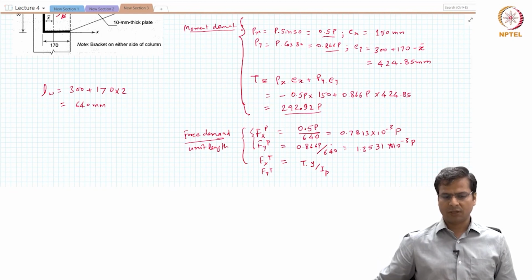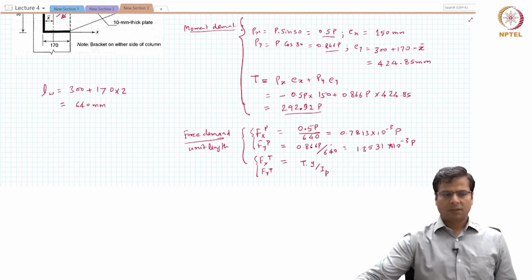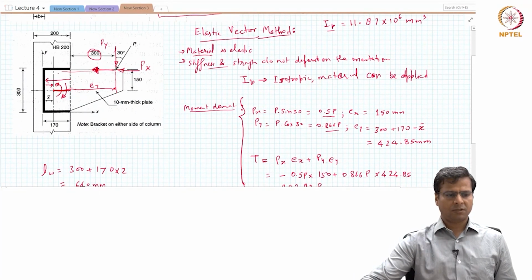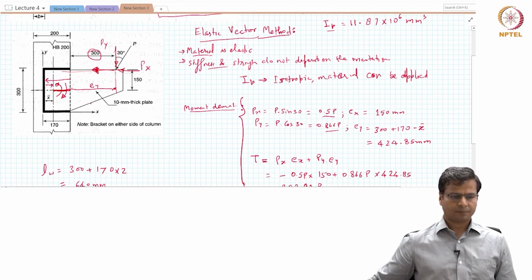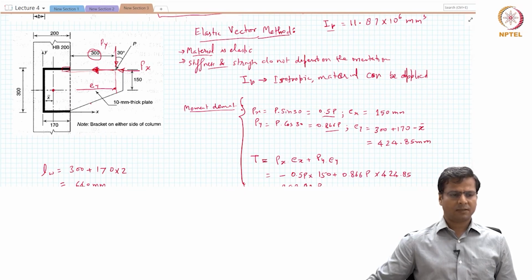But actually the P force is not acting at the centroid, and there is a moment effect of that. Now that moment, of course, the force will change. The force because of that moment will change, because each segment of the weld is at a different distance from the centroid. Just to emphasize, as we had mentioned, if this portion of the weld is at this distance from the centroid, it will contribute more towards resisting the moment, and its contribution towards resisting the twisting moment will be proportional to this distance squared, right?